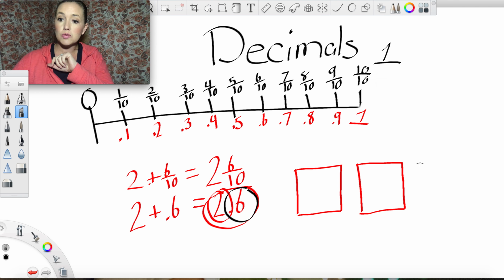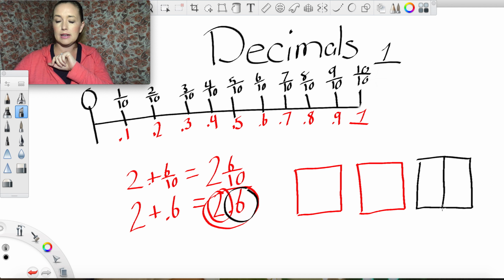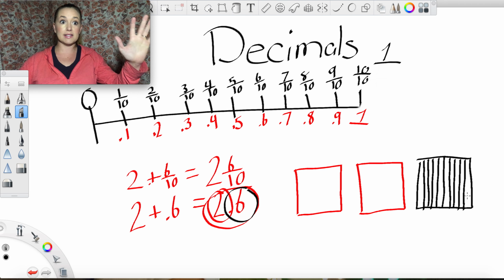So I'm going to draw my whole, and I'm going to break it into tenths. 1, 2, oh, this is skinny. 3, 4, 5. 1, 2, 3, 4, 5. Okay, I've got 10 in there.